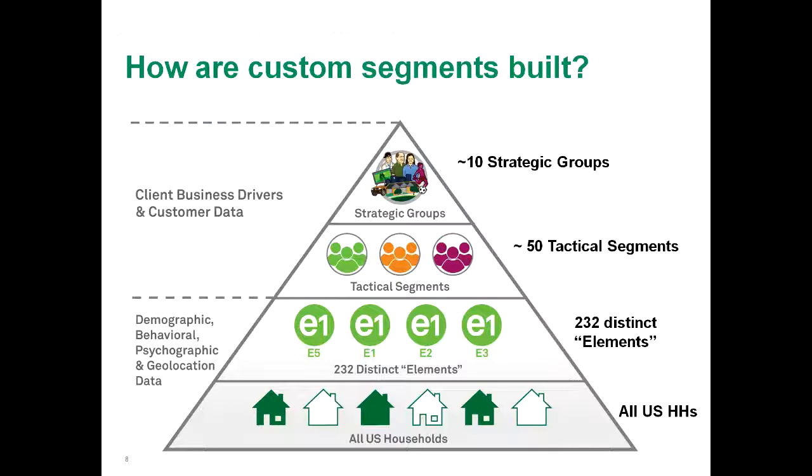From that 232 element level, we then engage with clients and get your specific customer data, an understanding of what's important to you and your business: who's buying, what do they look like, and how are they engaging with your company.